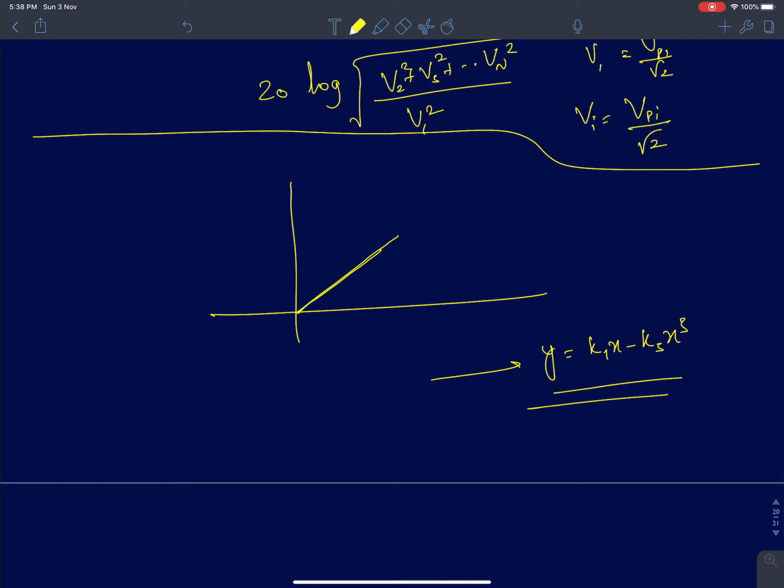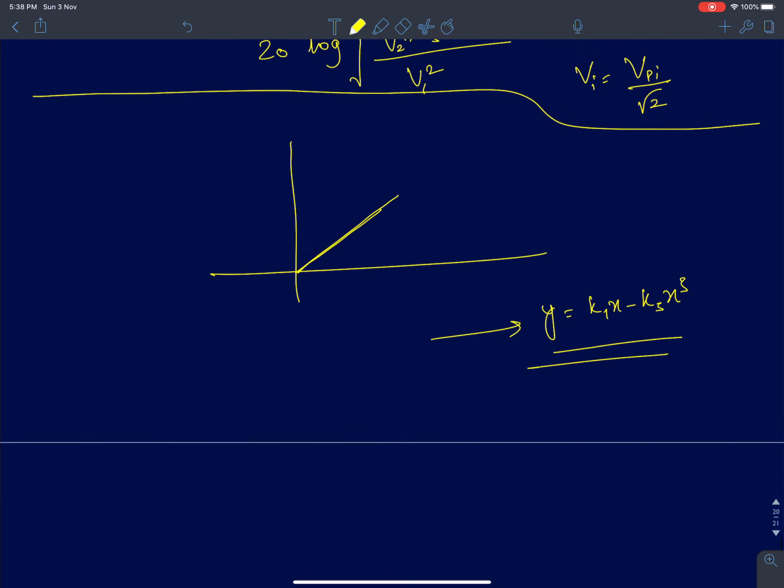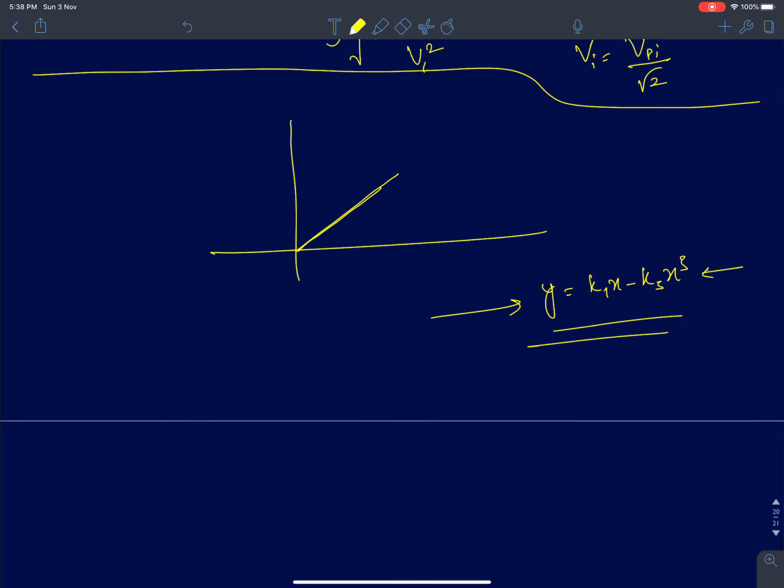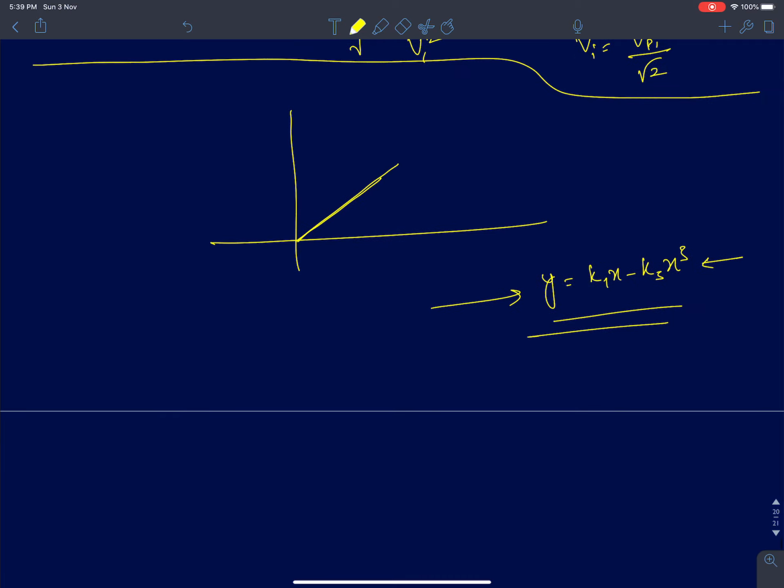This model is a memoryless nonlinearity, so the output just depends on the input. It doesn't depend on the past values. Such systems are called memoryless systems. What we discussed was that the output will have a third harmonic component and also a first harmonic component.